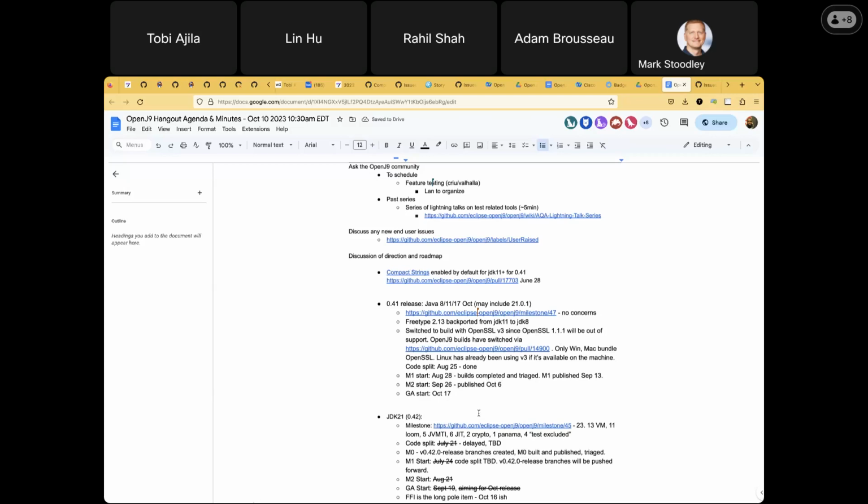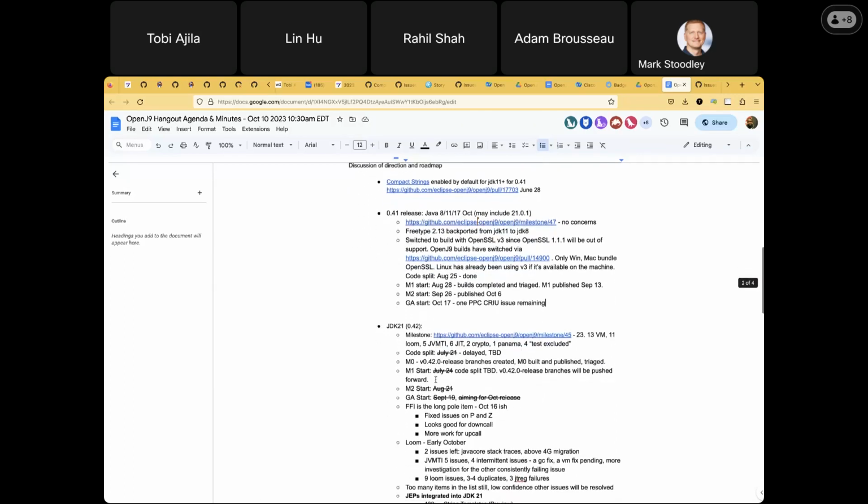And so we're looking to do GA start next week. There is one PPC CRU issue remaining that we're hoping to get in soon before that, but otherwise we're looking good for GA.